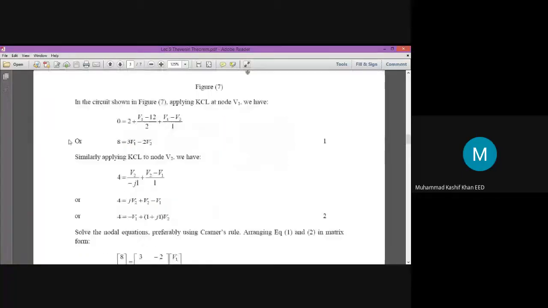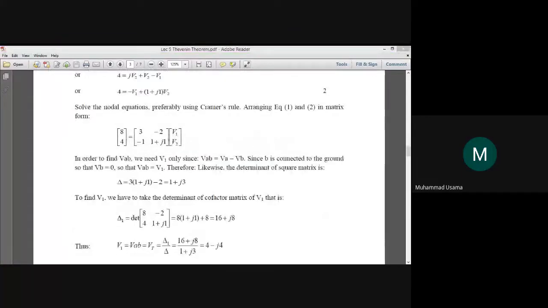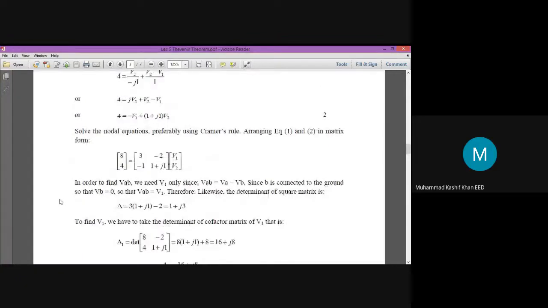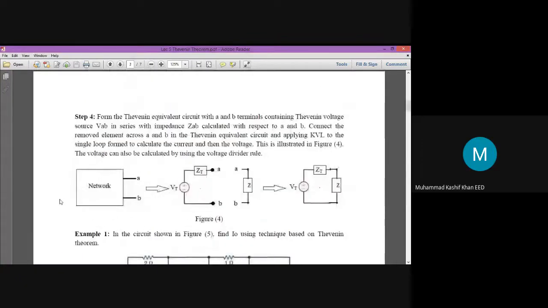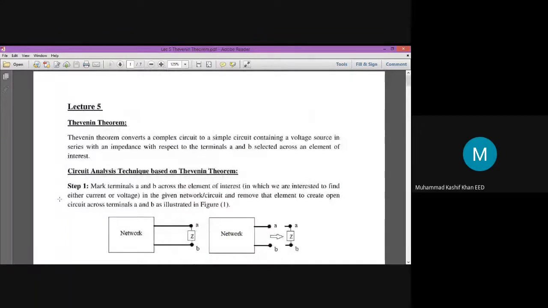And any other question? Sir, what is the statement of Thevenin theorem? Now, what statement can I give you for Thevenin theorem? If you are interested in the statement, you can find it on Google.